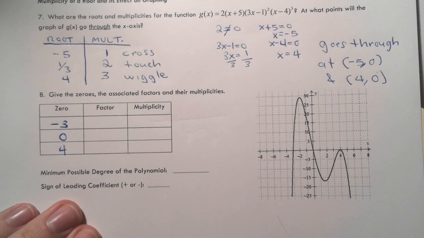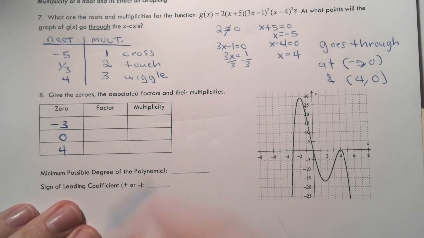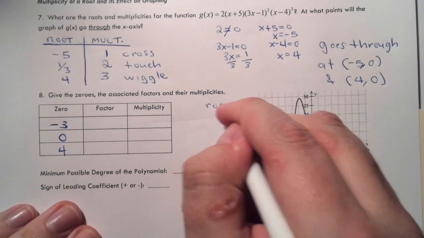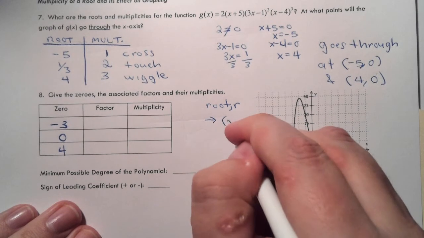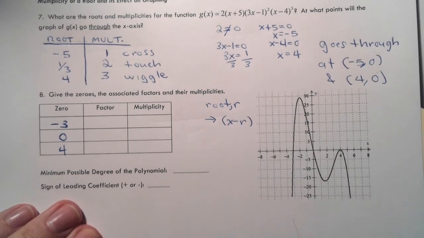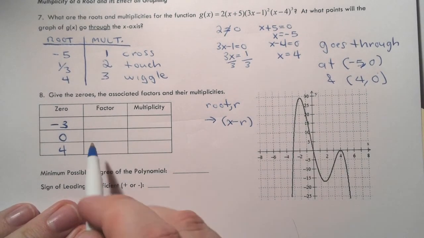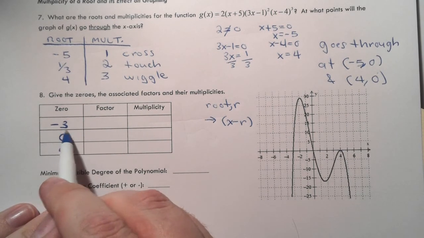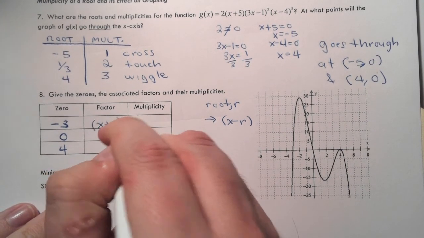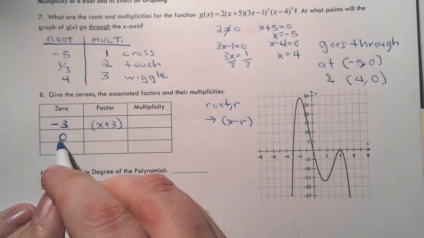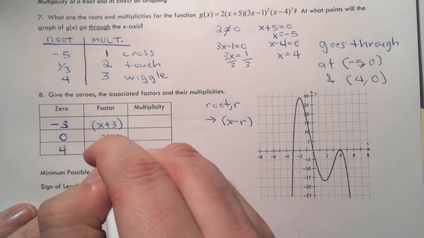Now remember we learned the factor theorem, which stated that if I have a root r, then I have the factor x minus r. So for each of these, x minus negative 3 is actually x plus 3 is the factor I would have. X minus 0 is just x.